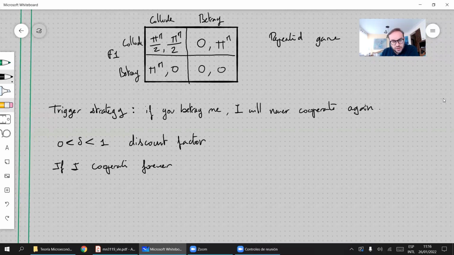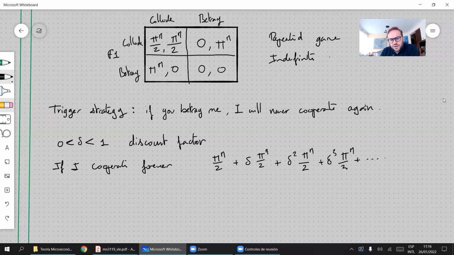The payment is going to be: the first period that we cooperate, I get half of the profits. Then the second period I cooperate, I get half of the profits too, but I have to take into account that it's in the future, so I discount it by a factor delta. Then in 2 periods, I keep half of the market, and in 3 periods, I keep half of the market. And this goes on forever, right? So it's a repeated and indefinite game.